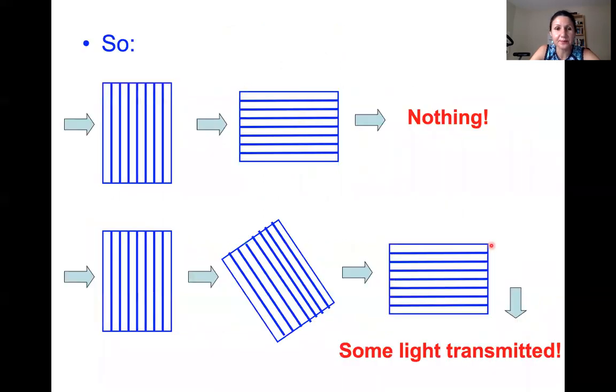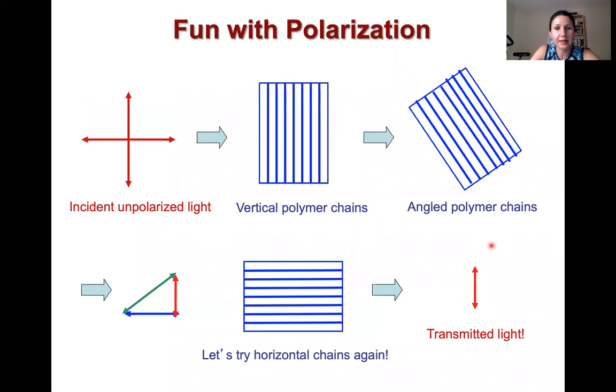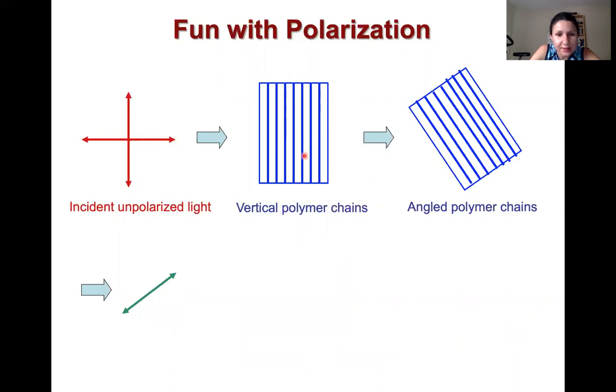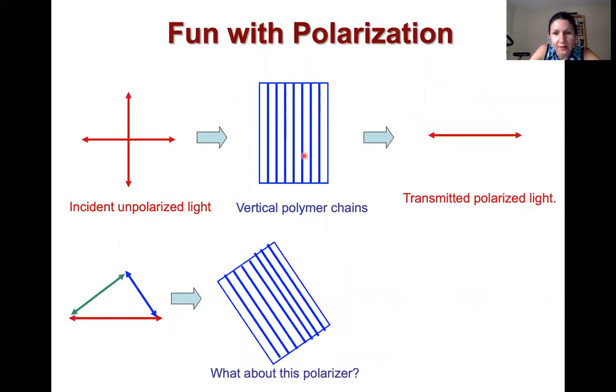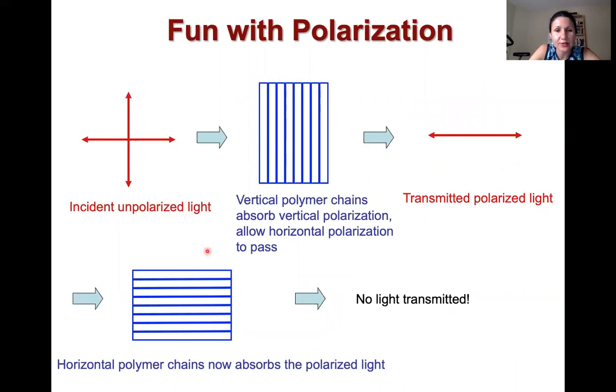So for example, if we go back here, if the light that was going through here was only vertically polarized, then nothing would get through. Yeah, so this was, for example, here. In this case it was all horizontal, nothing was getting through.